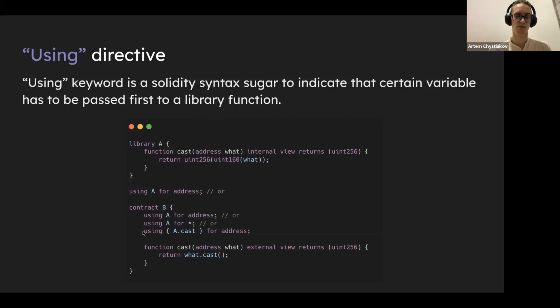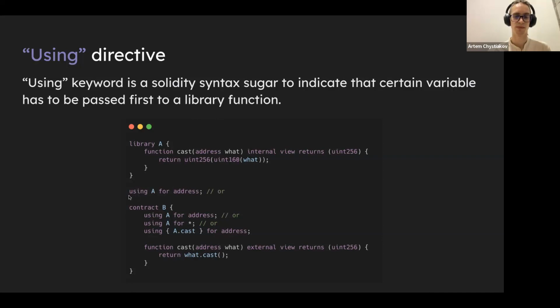Basically, those 4 examples are sort of equivalent for our case. And here I declare the function cast, which is external. It is defined in the contract B, which is a regular contract. And here I'm using the function cast directly on the type address.